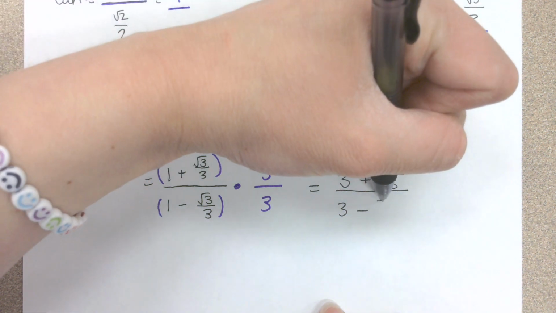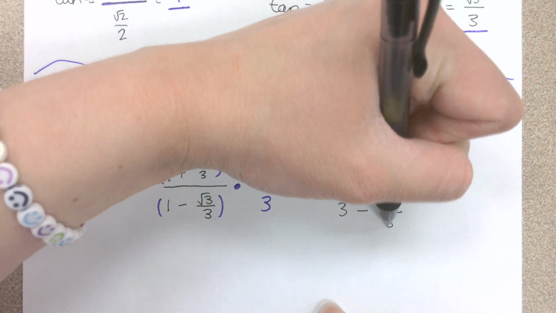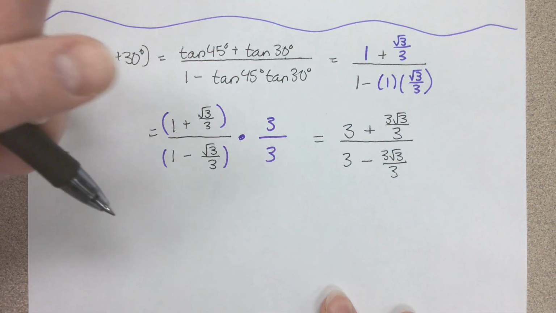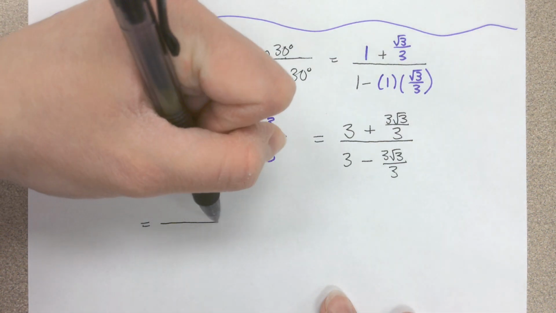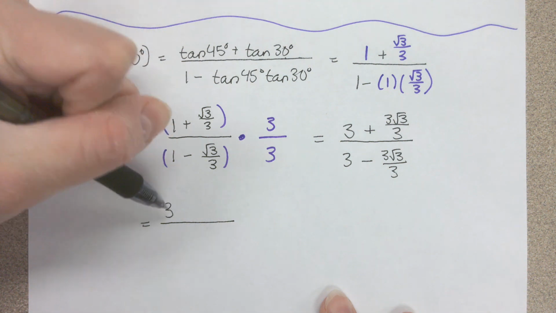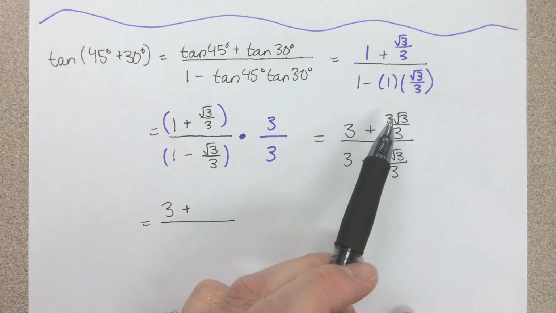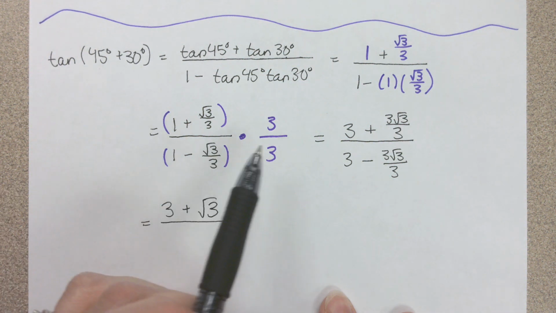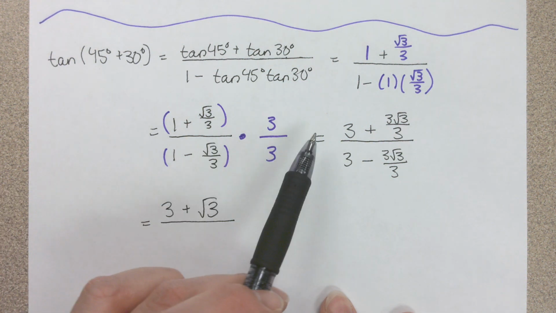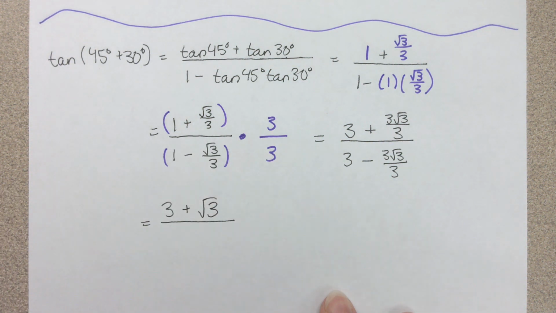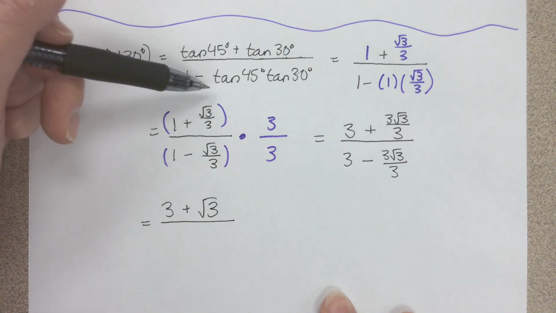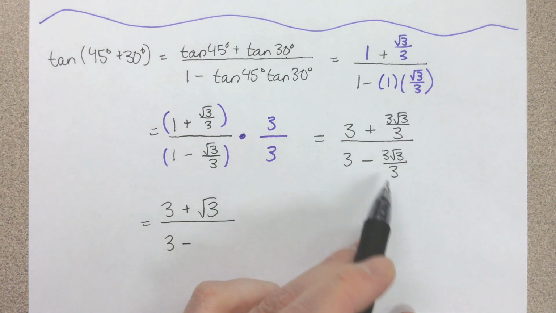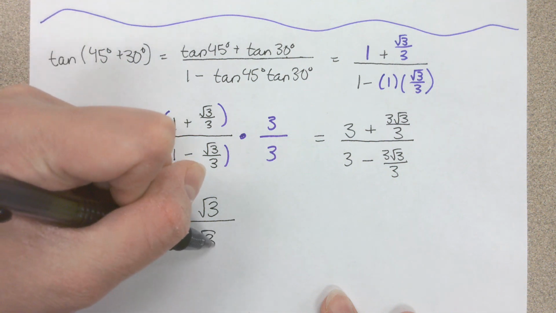Minus, again, that'll give us 3 radical 3 over 3. Three plus, and then those 3's will cancel out and we'll just get square root of 3. So as I said, we're basically doing this to cancel the denominator, so those will always cancel if you choose the right number. So the top is what's going to be left. 3 minus, again, those will cancel, square root of 3.